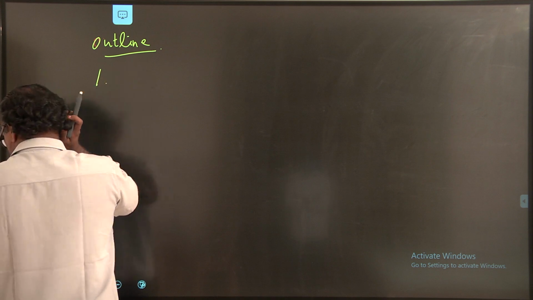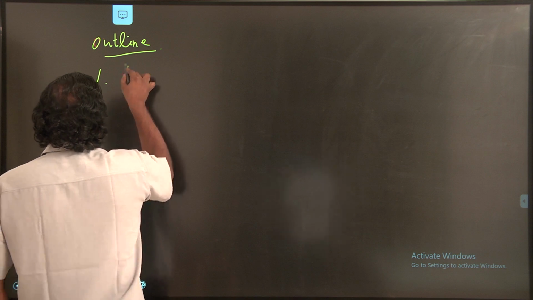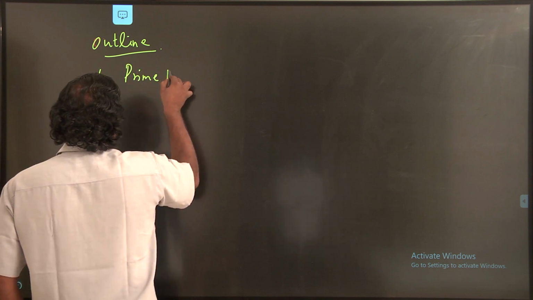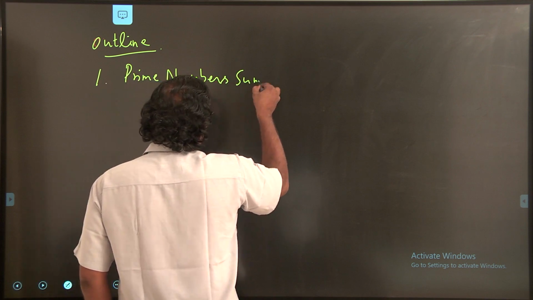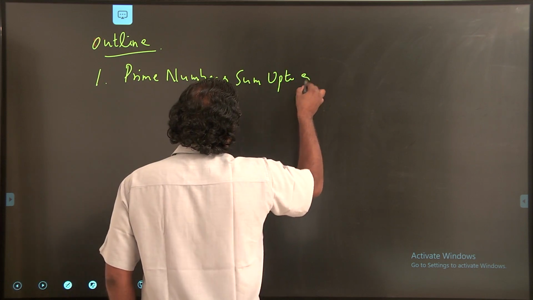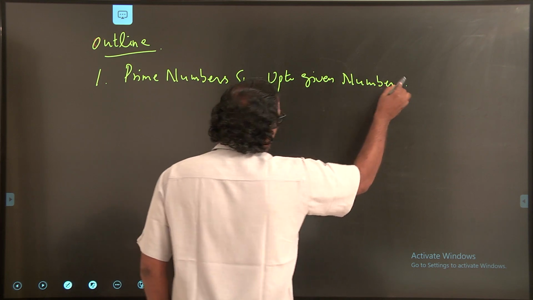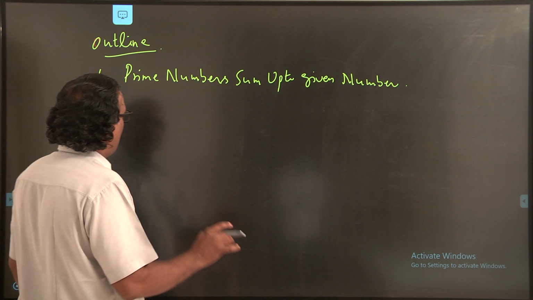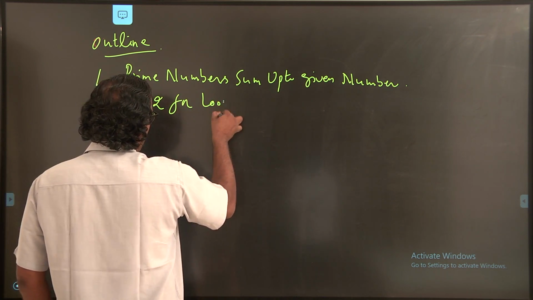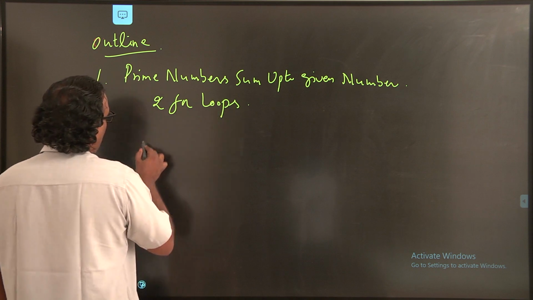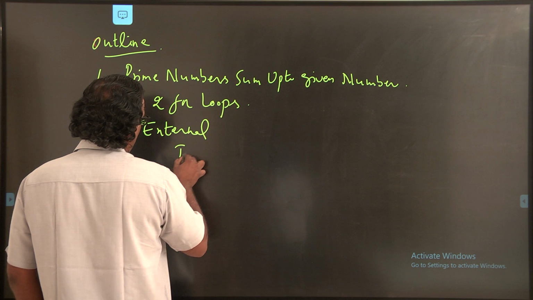What is that program? Yes, prime numbers sum up to a given number. How will we develop it? We should have two for loops: an external for loop and an internal for loop.